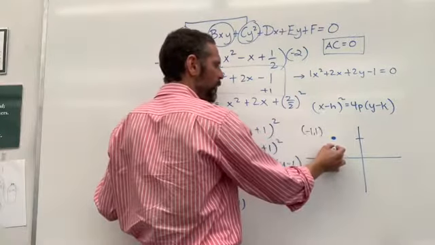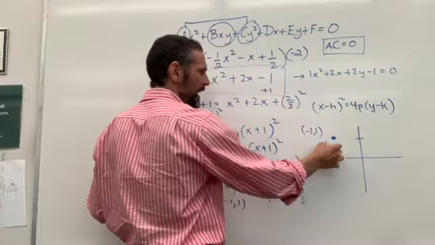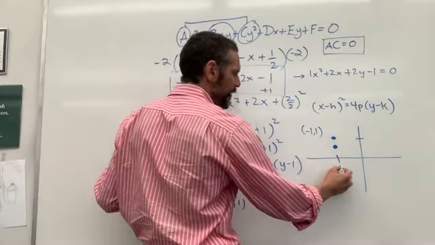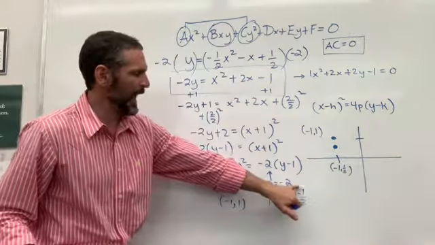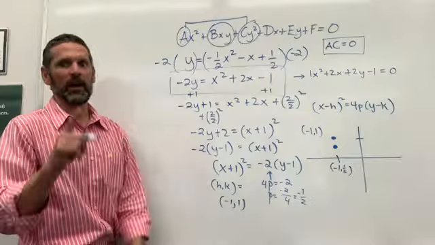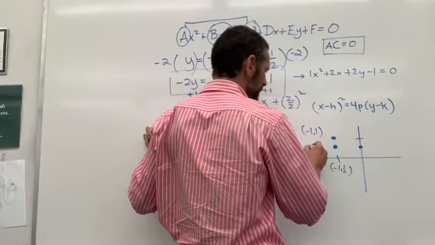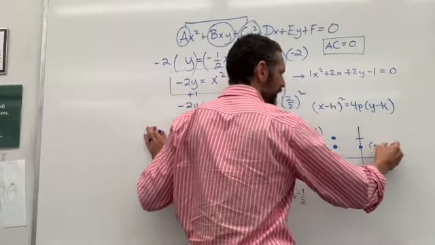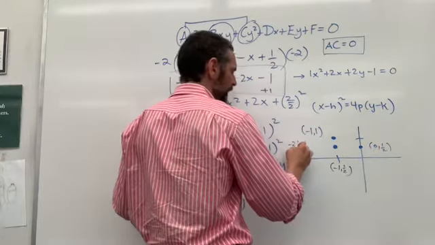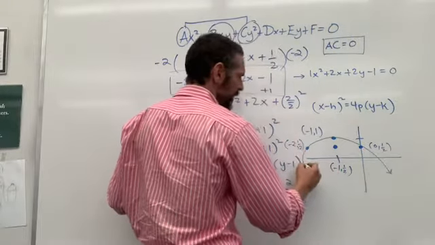If I go down 1/2 from there, I'm at negative 1, 1/2, which is my focus. If P is absolute value 1/2, if I double it, I get 1. So I go right to P and left to P, which gives me these points 0, 1/2, and negative 2, 1/2. And I can draw my parabola like this.